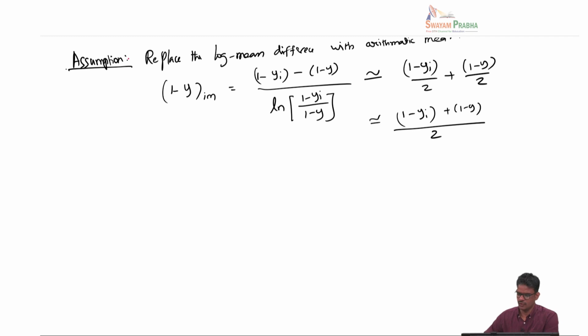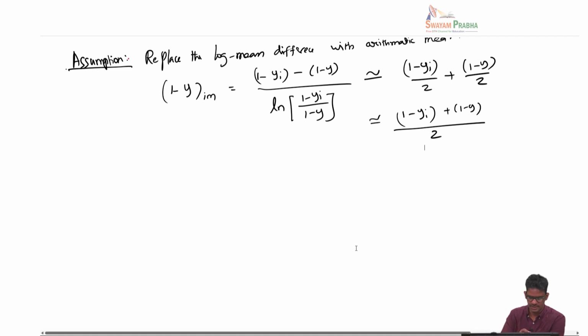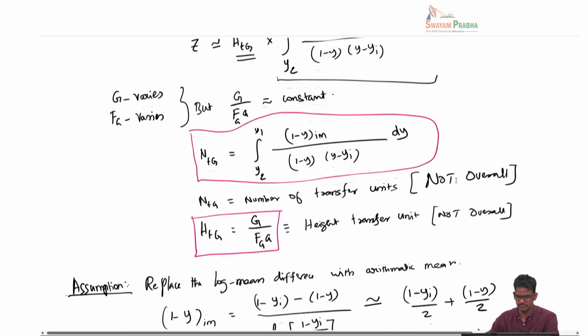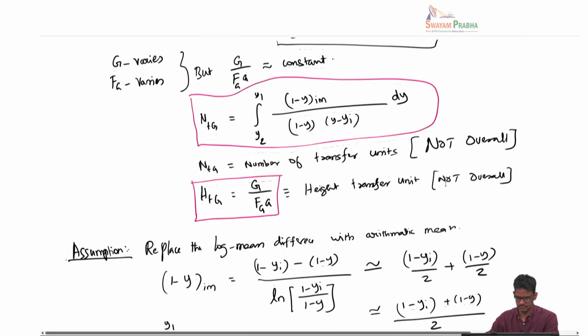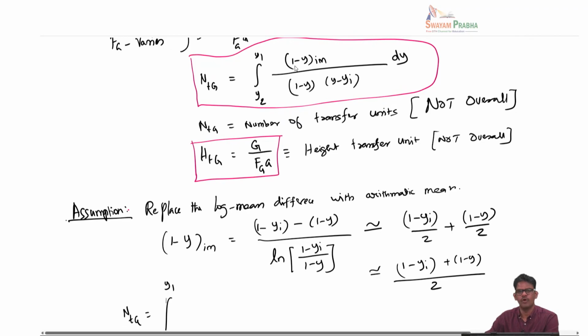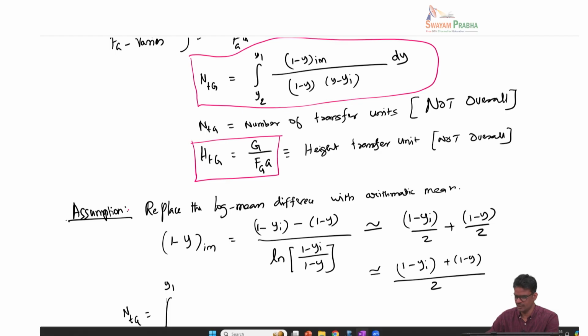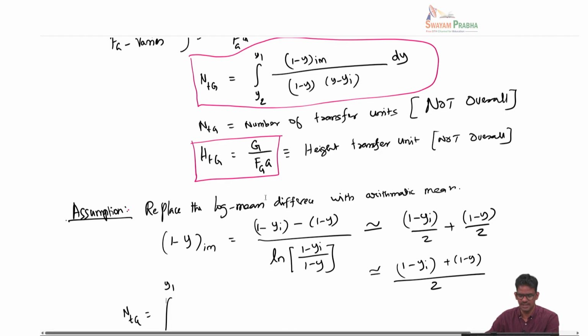And then we go back to this NTG. So this term 1 minus y I m, that's a logarithmic difference, will now be replaced with this arithmetic difference, and the remaining terms are there.